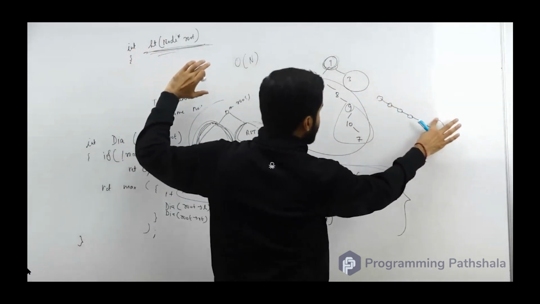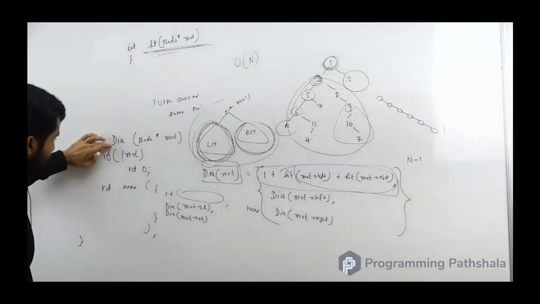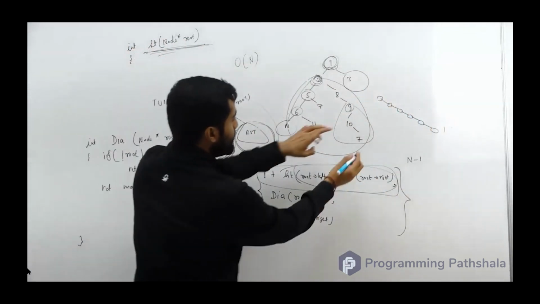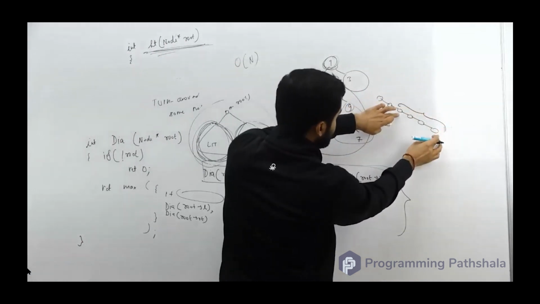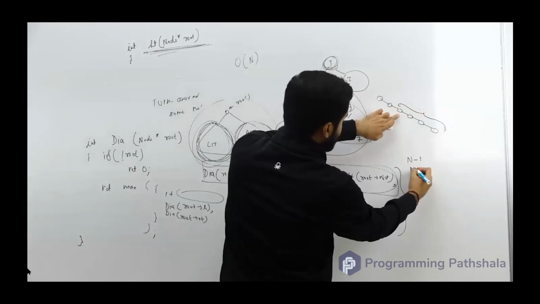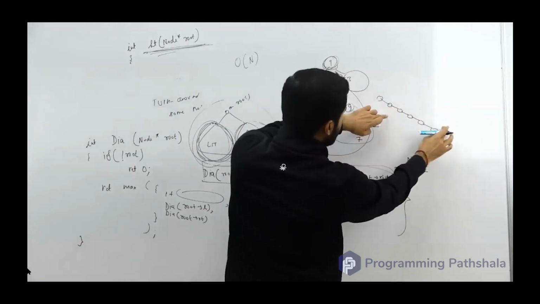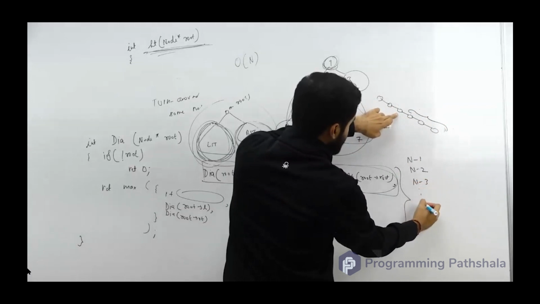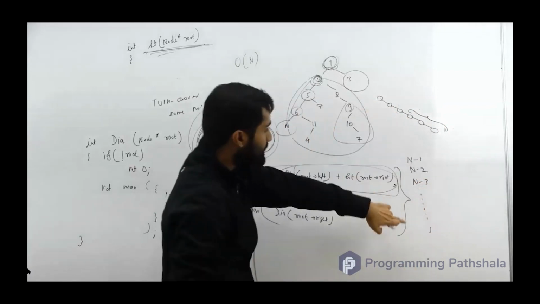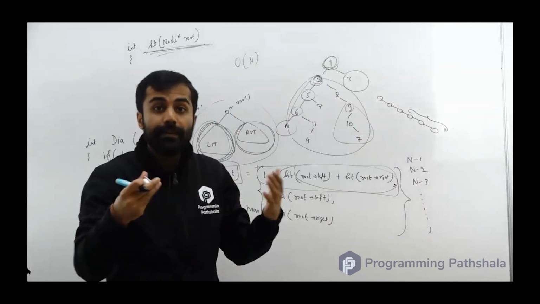Now, when you recursively call the diameter function for root's right, you will try to compute the height of this much part, and it will take n-2 time. Then when you are here, it will take n-3 time. So it will go till 1. The sum from 1 to n-1 will roughly be n square.